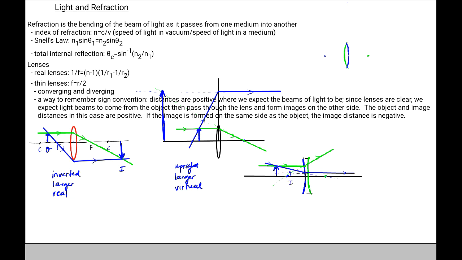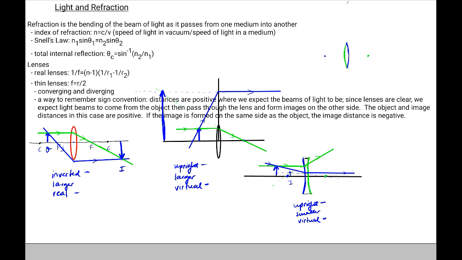The image is upright. It is smaller than the object, and it is virtual. So again, an upright image through one lens is virtual. Upright image is virtual, whereas an inverted image is real.